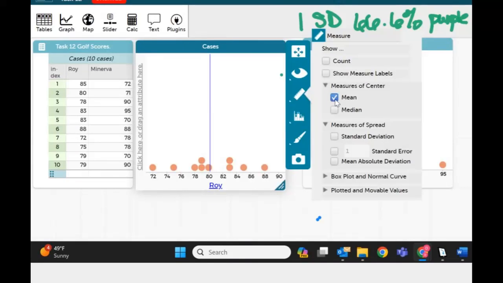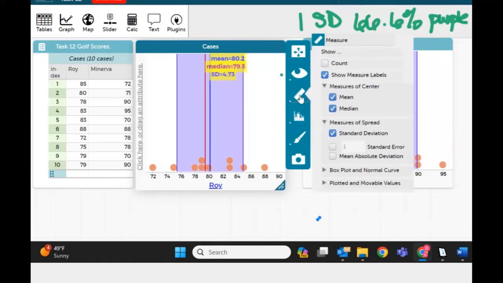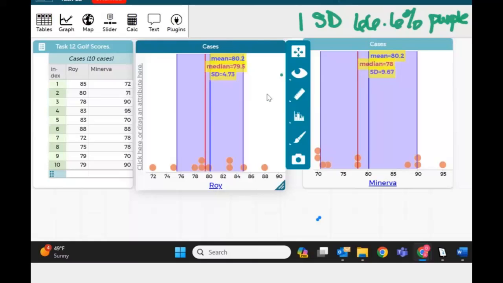I'm going to check his mean, his median, his standard deviation. Put that down. Go away. I don't know how to get rid of that now. Looking at these two, which would you say is the better golfer and why?